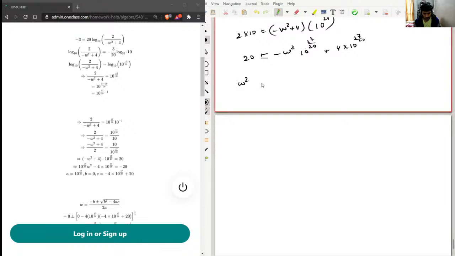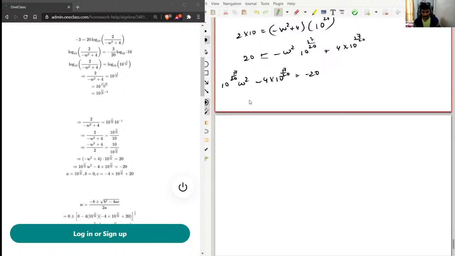This will become w square into 10 power 17 over 20, then minus 4 into 10 power 17 over 20, and this will be plus 20, I guess. So this will be equal to minus 20. Okay, they have taken this on the other side.